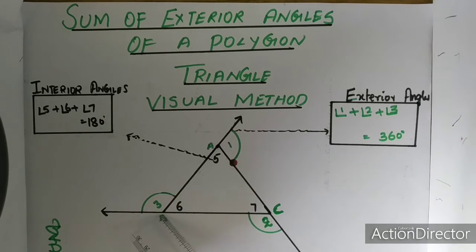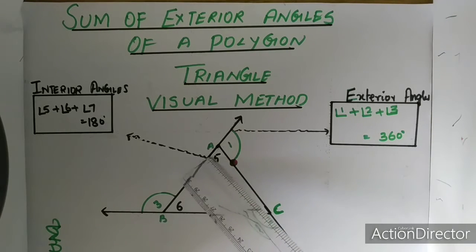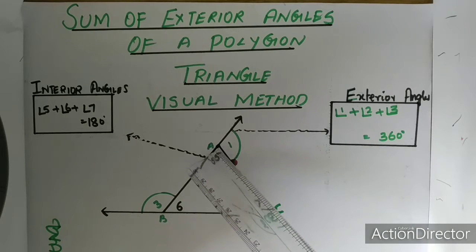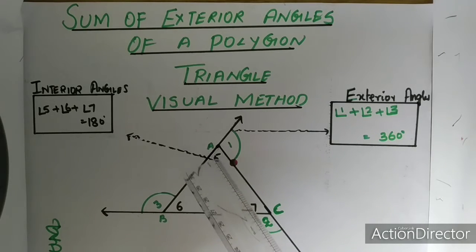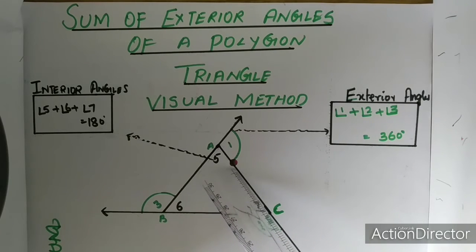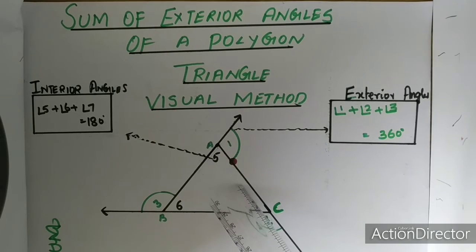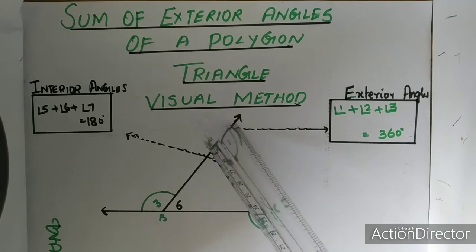After reaching the point B, again he wants to walk on the boundary line BA. To walk on the boundary line BA, again he is moving an angle of 3 over here at the point B. Now he has reached the point A. After reaching the point A, again he has to come back to his original position. To come back to his original position, he is moving an angle of 1.